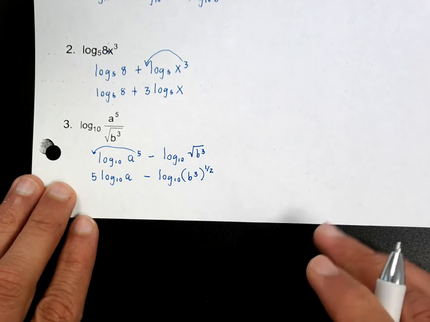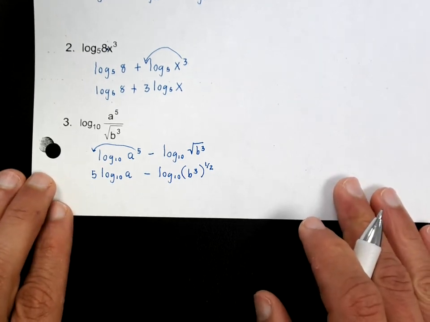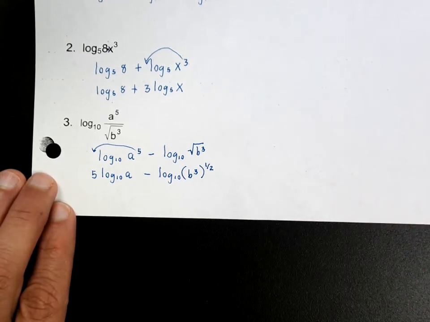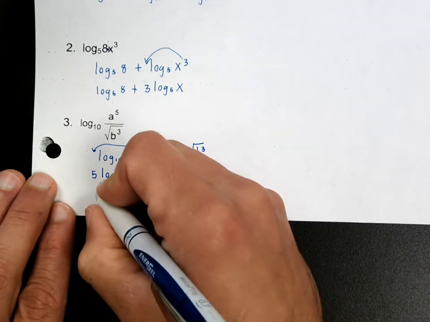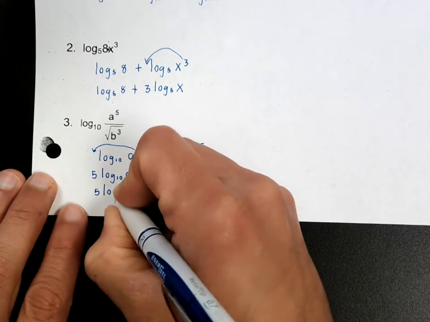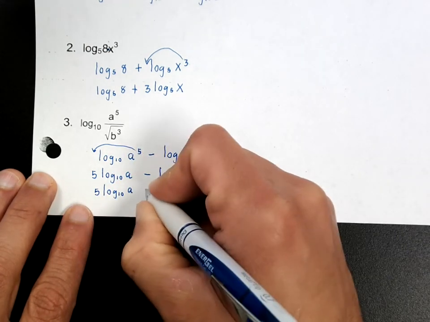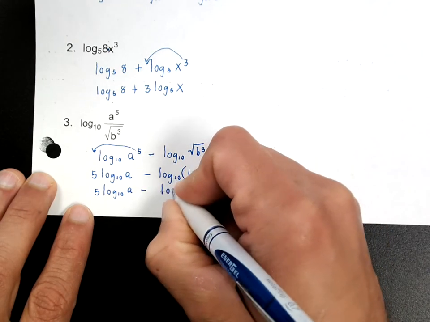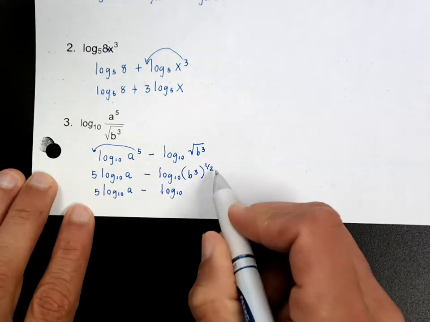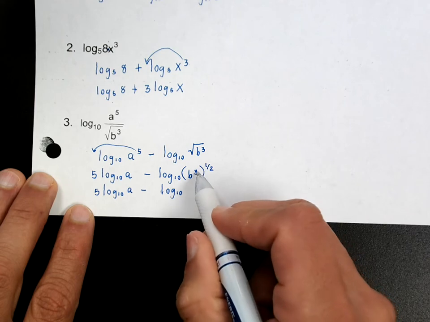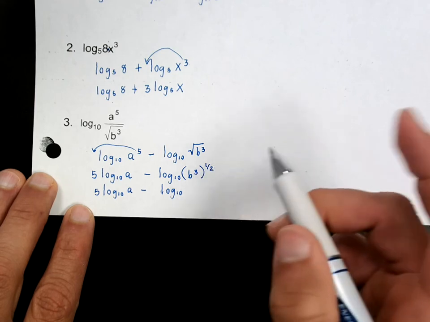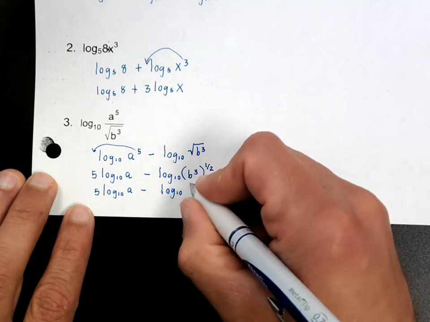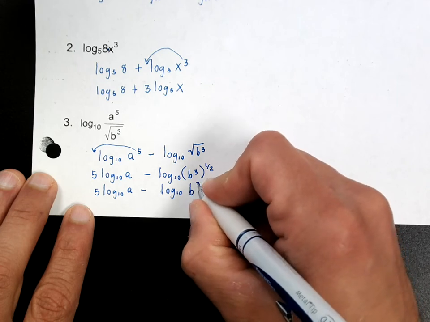If I raise something to the 1/2 power, that's the same thing as taking the square root of it. So now this is going to be 5 log base 10 of a minus log base 10. By the way, how can I combine those? If you have a power to a power, you multiply, correct? So this would be b to the power of 3 over 2.